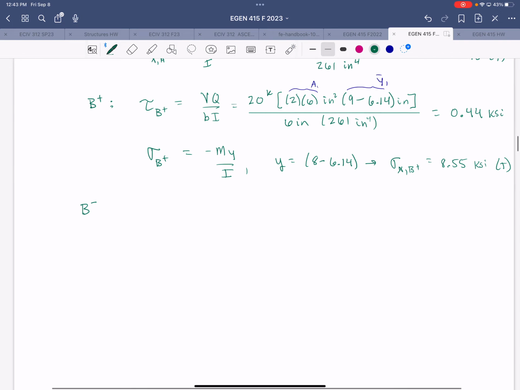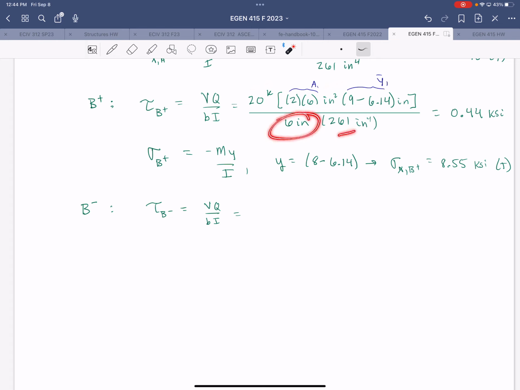All right, so for B minus then, which is the top of the web, we have shear stress, again VQ over Ib. Since V and Q are the same and I is the same, the only thing that's different is the b in the denominator. We can just take the value from B plus, 0.44, and multiply it by the ratio of those denominators.